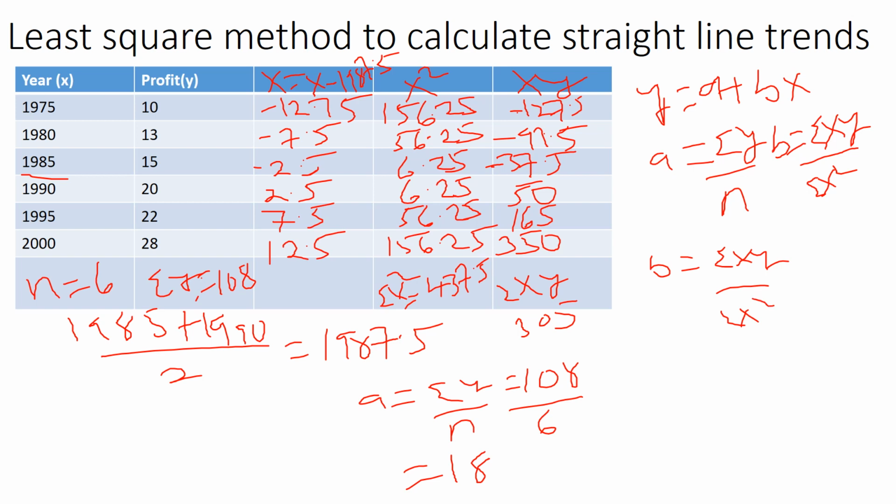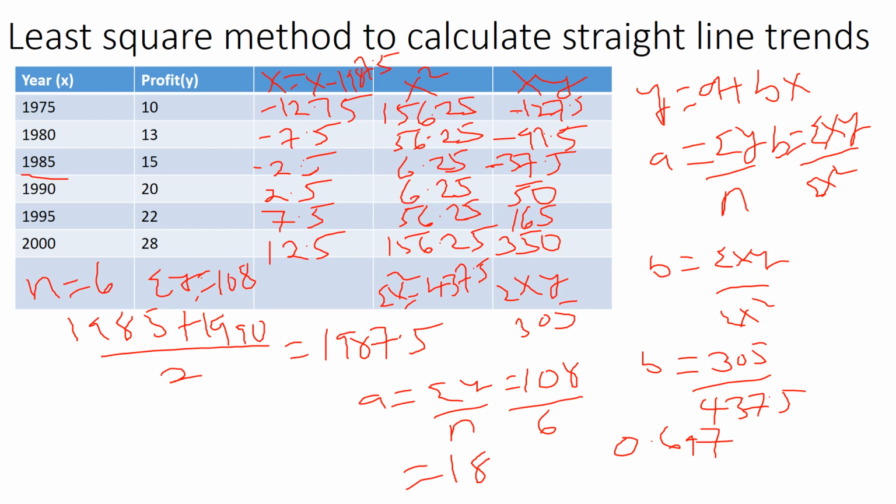So in this case, our b is equal to 305 divided by the summation of x squared, which is 437.5, and if you divide the two, our b is 0.697 approximately.